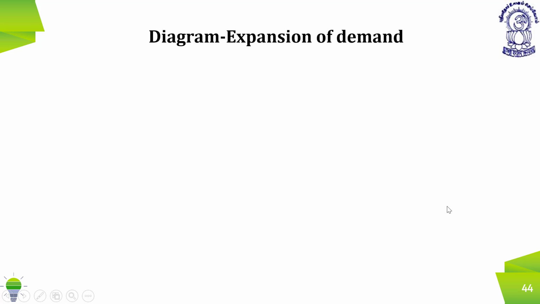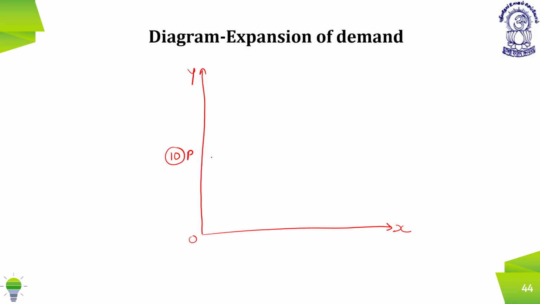Let's try to make an expansion of demand diagram quickly. X-axis, origin, y-axis. Suppose the price is 10. The quantity demanded at 10 is 50. There is a fall in the price from 10 to 7, P1. The quantity demanded will increase from 50 to 80.